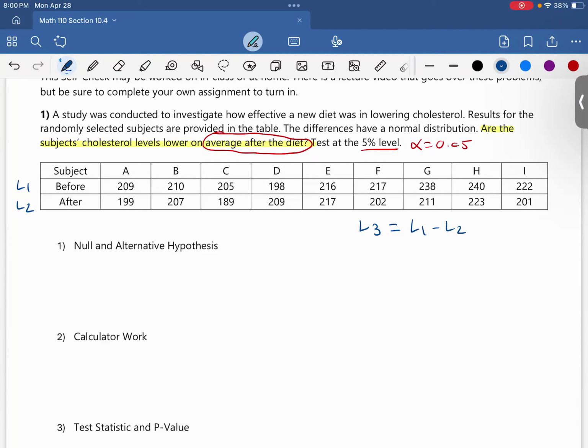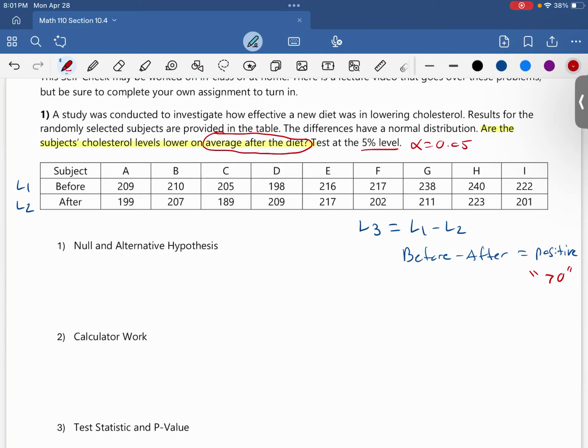So if L1 is before and L2 is after, and we want to know if the cholesterol levels are lower after the diet, that means after is going to have a smaller number. So a bigger number minus a smaller number is going to be a positive number, which means our inequality is greater than 0.